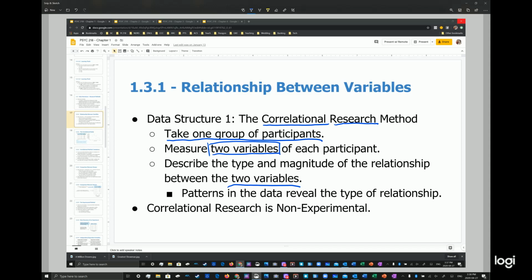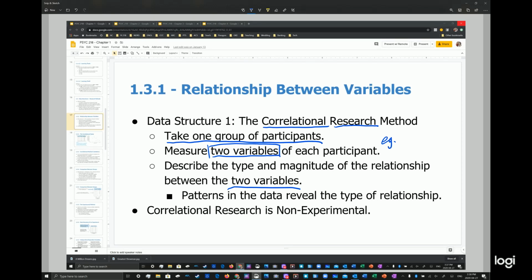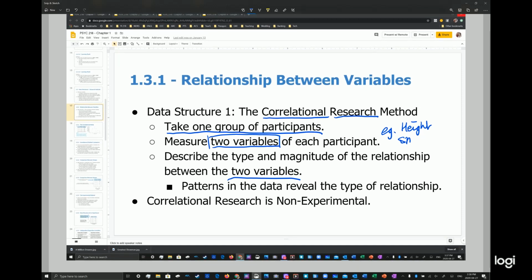It could be, for example, how tall are you, your height, and let's say how big your shoe is, your shoe size. Okay, so this could be variable 1, and this could be variable 2. I'm just using V1 and V2 for now. So we might think, for example, the taller a person is, the larger their feet tend to be.